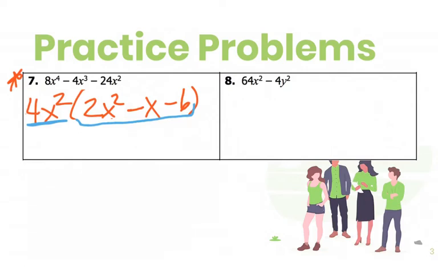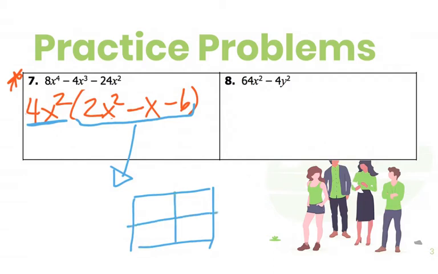So for that, I'm actually going to do an area model to help me figure it out. Okay, so it's a trinomial, so I'm pretty sure I'm going to set it up where I've got 1, 2, 3, 4 boxes. Okay, and remember that the first term, which is 2x squared, goes in my first box. And the last term, which is a negative 6, goes in my last box.